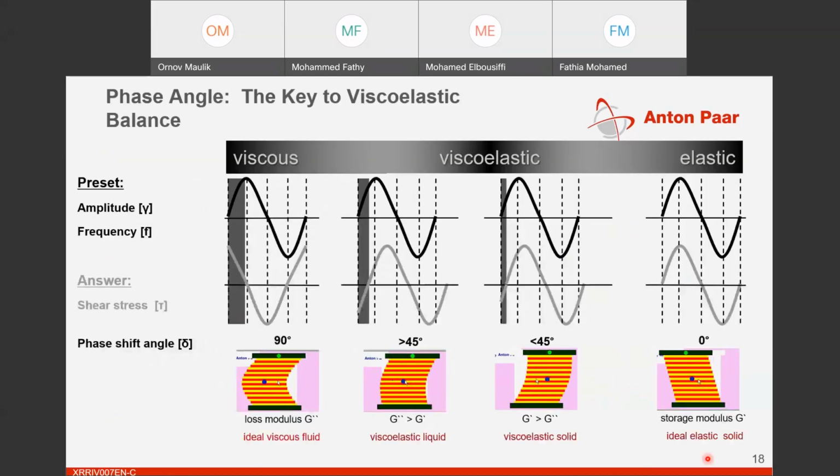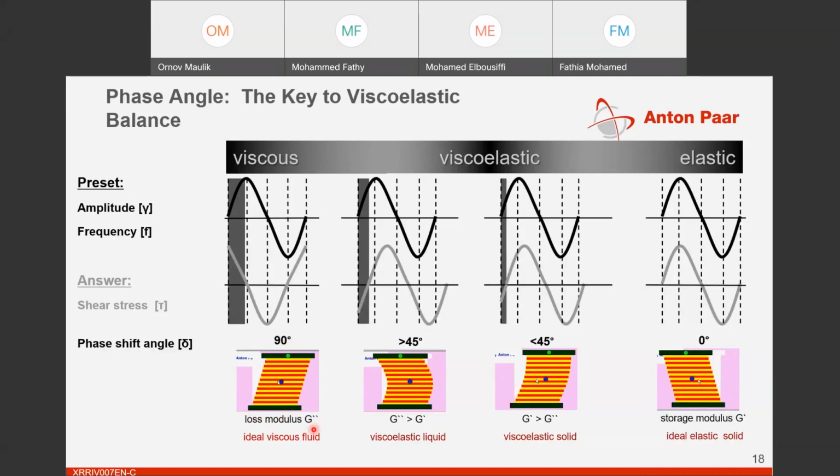Now this is a very good illustration of how these oscillatory tests are performed. Here in the bottom figures, you have the fixed bottom plate, and the top plate is moving at a certain displacement. You have given a certain displacement to the top plate, and your sample is filled in between.